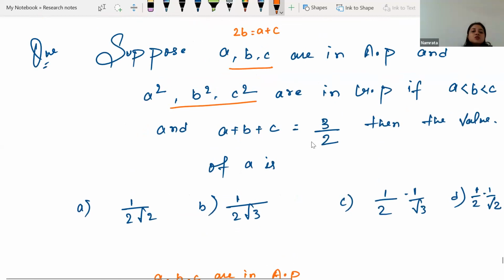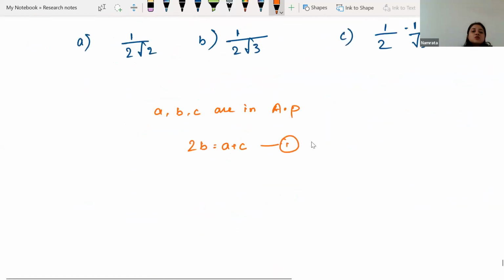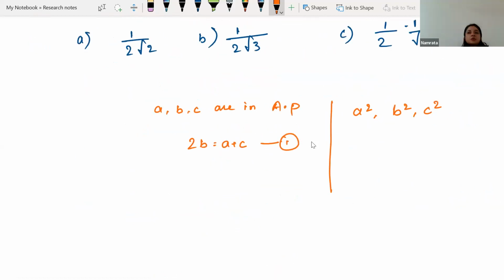So if A square, B square, C square are in GP, then something can be written for that. If A, B, C are in GP, then what to see?